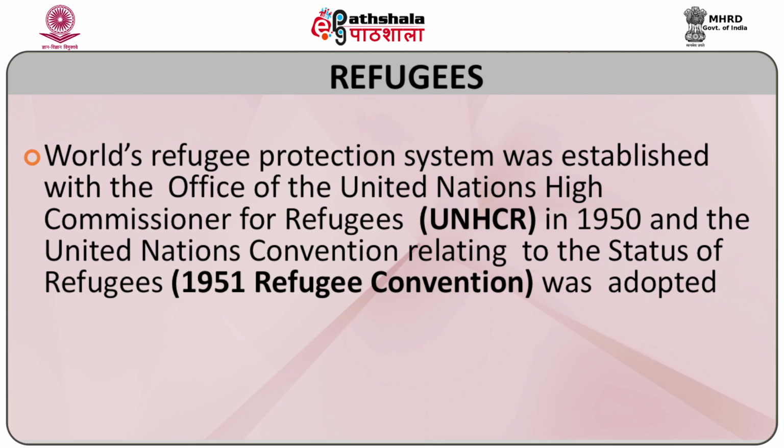The World's Refugee Protection System was established with the Office of the United Nations High Commissioner for Refugees, also known as UNHCR, in 1950. And the United Nations Convention relating to the Status of Refugees, also known as the Refugee Convention of 1951, was then adopted.